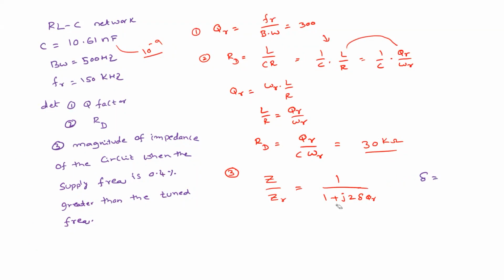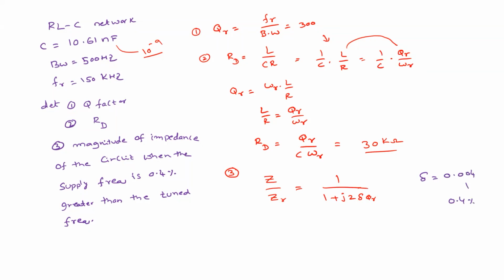If it is below the supply frequency, this sign will be negative, right? No confusion. So what is delta now? They've given 0.4, that means 0.004, corresponding to 0.4%. Yes, sir.